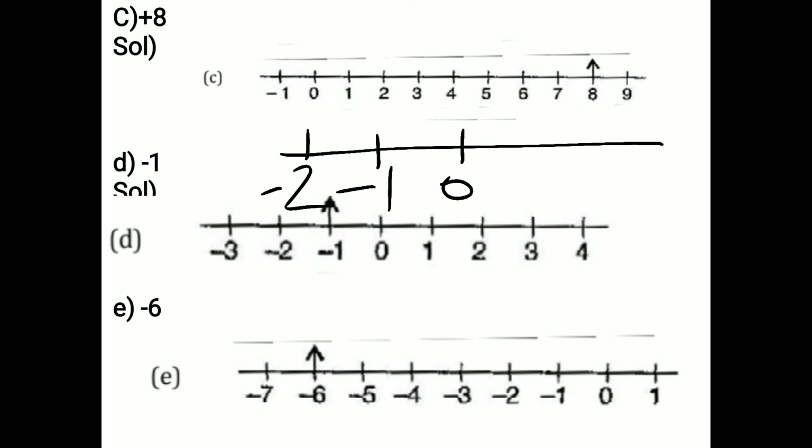How much you want to write, no problem, but there should be plus 8. 1, 2, 3, 4, 5, 6, 7, 8, and here you put an arrow like this. This arrow means that you have shown plus 8. Is that clear?